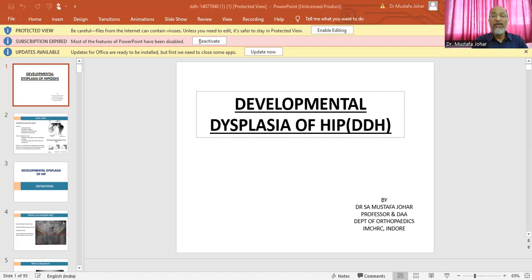When you examine in the immediate post-natal period, you will find that the head is already outside the acetabular cavity, and these kinds of instabilities of the hip are defined as developmental dysplasia of the hip, which was previously known as congenital dislocation of the hip.